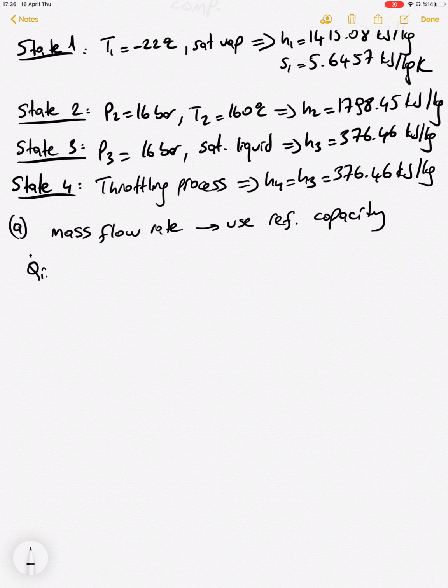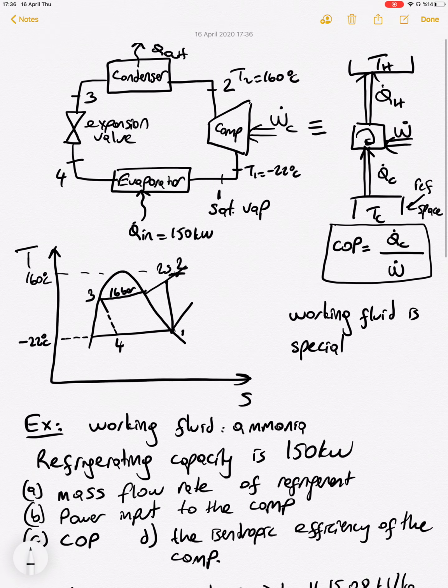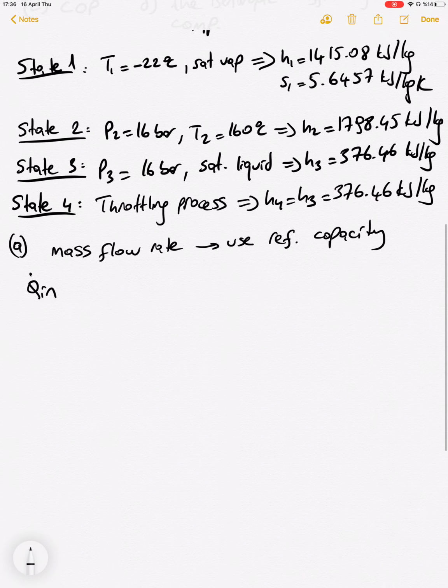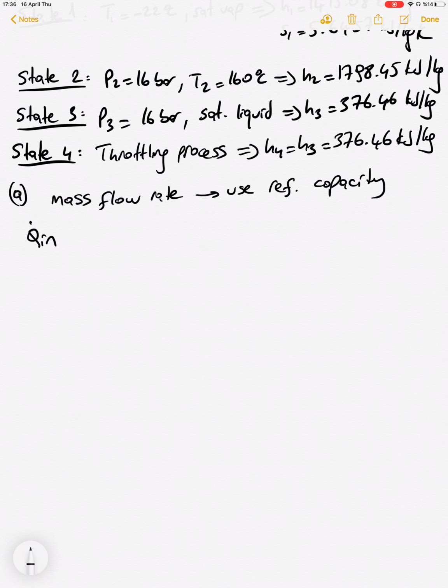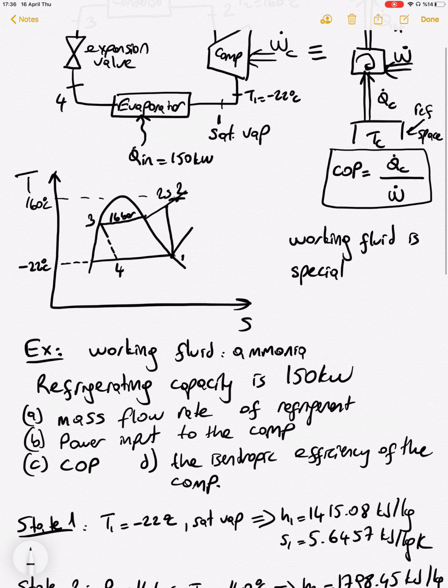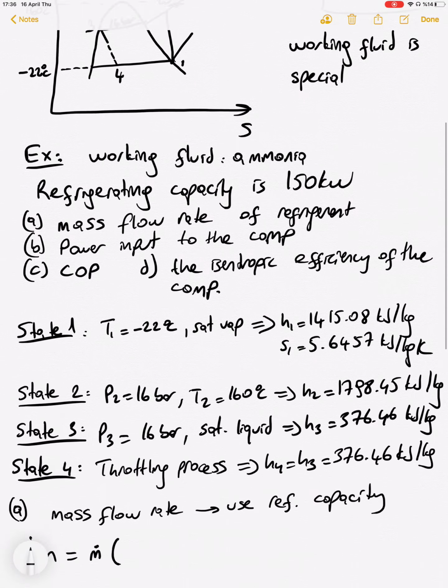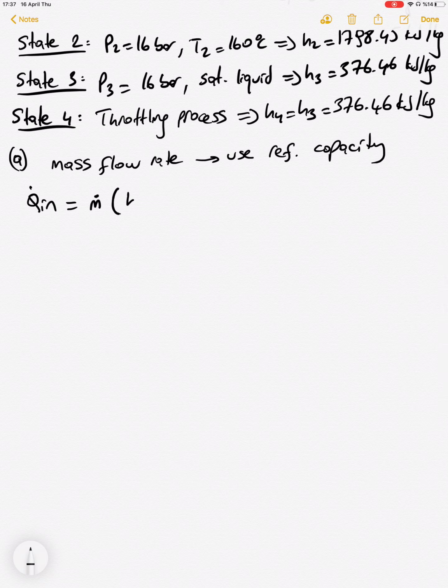Q dot in here, which is 150 kilowatt. The flow rate is the same everywhere, and it is H1 minus H4.